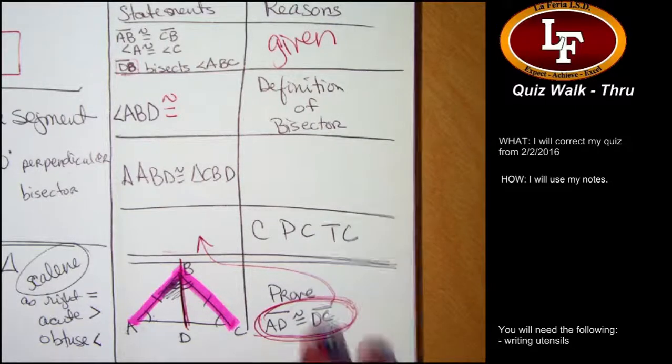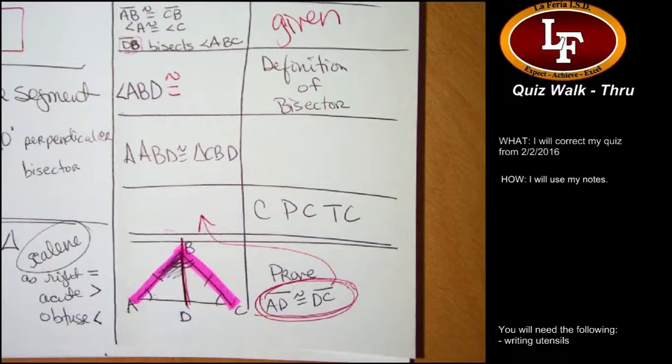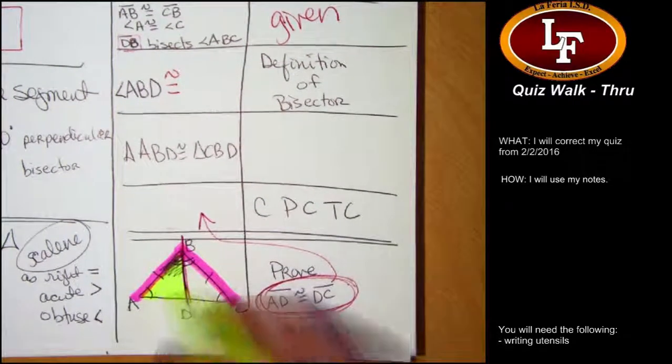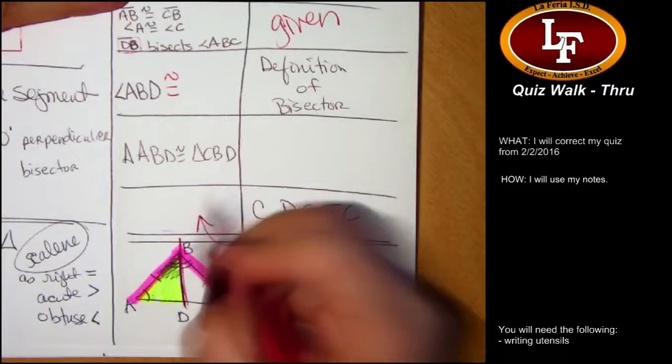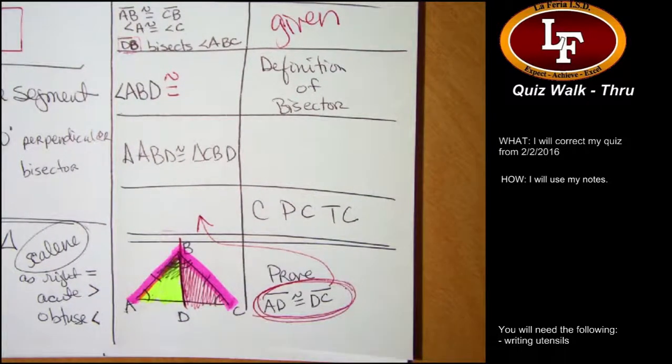So now you have this set up, and the next statement says these two triangles, this triangle right here, ABD, is congruent to this triangle here, CBD. And they want to know why. What's the reason that you're saying these are congruent? Well, in your notes, we had a whole section on congruent triangle theorems, yes?